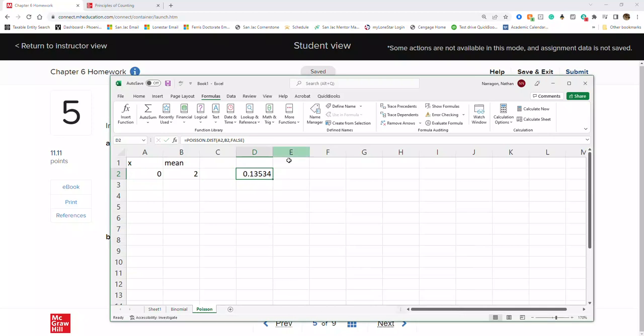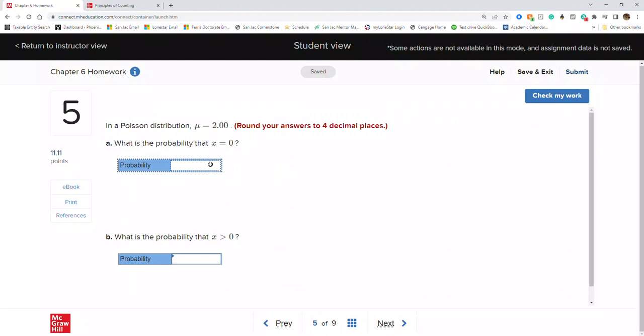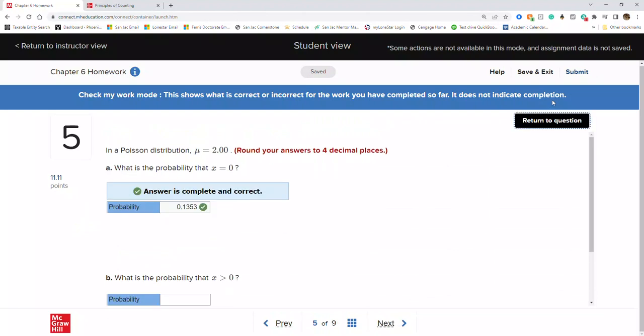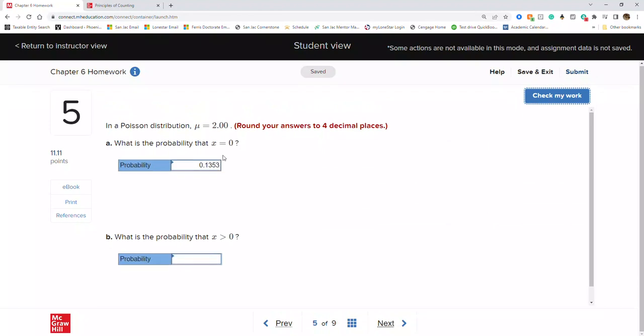So the answer is going to be 0.1353. Again, we'll bump it up. So 0.1353. And there we go, there's our answer. Now, the second part asks, what is the probability that x is greater than 0? Well, if this is the answer for equals 0, we can't go below 0.